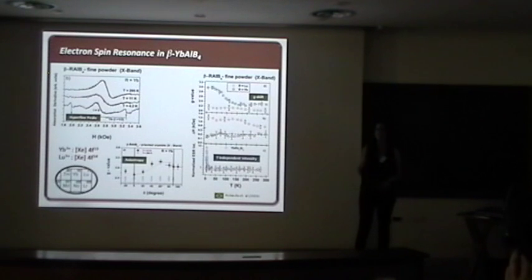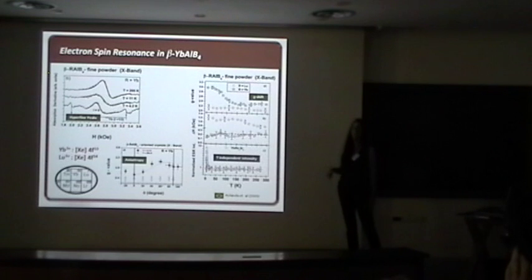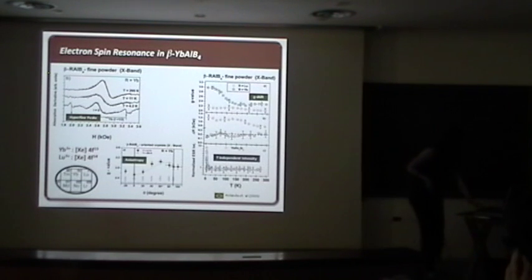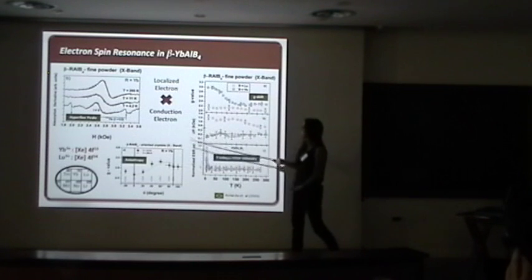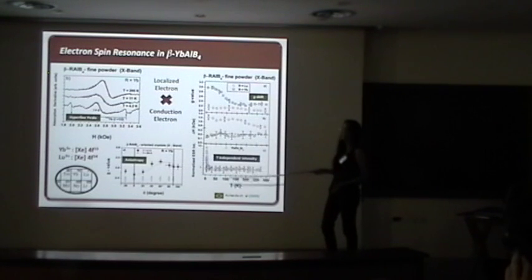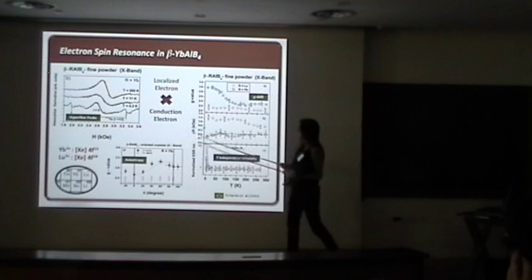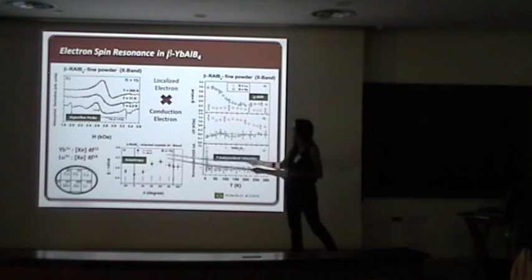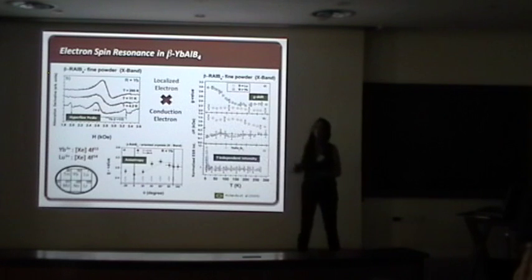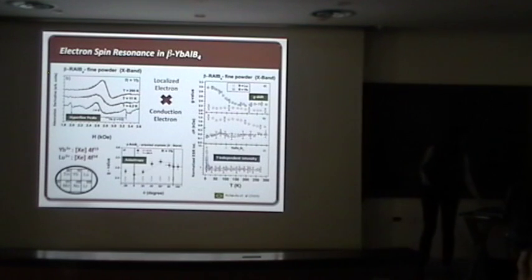So if my susceptibility goes like Curie, I would expect that this intensity would increase. So the problem here is to explain why we have this conduction electron-like behavior for the intensity together with these other localized electron characteristics.